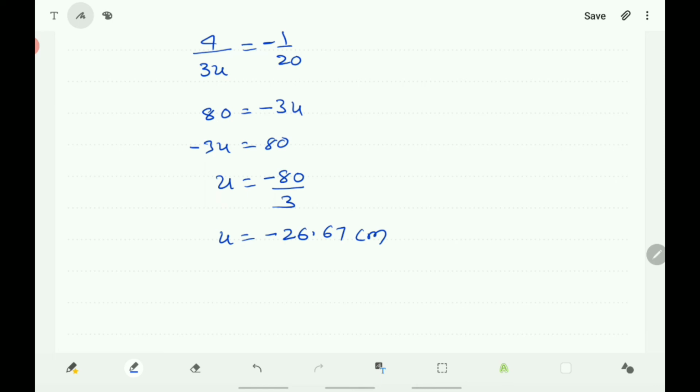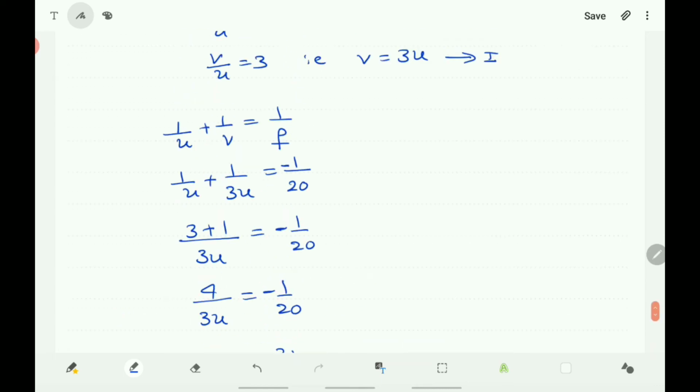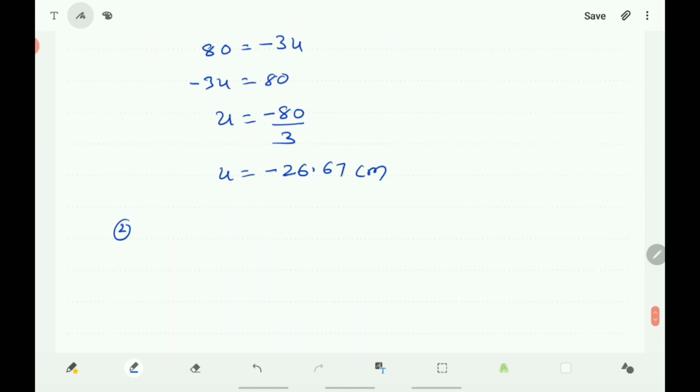Second case, if the image formed is virtual.